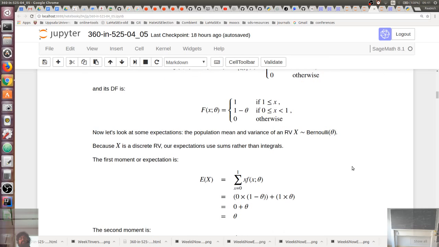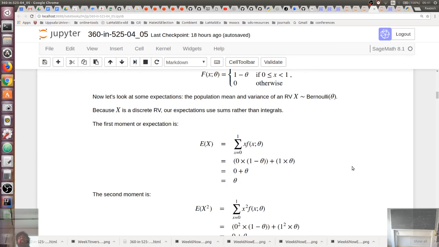Okay, so let's just mechanically march through. What's the first moment? Expectation of x, well, because this is discrete, I just have to sum over the two values, 0 and 1. So x multiplied by f of x. For 0 and 1, when it's 0 it's 1 minus theta, when it's 1 it's theta, so I just get theta.